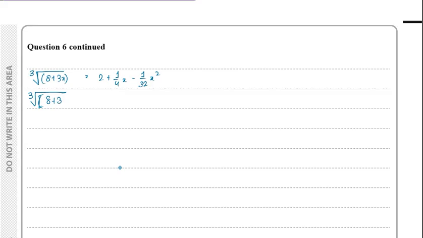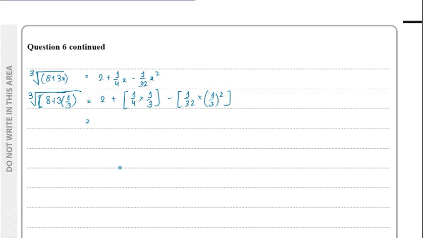So it would be 8 plus 3 multiplied by 1 by 3, as x is substituted by 1 by 3. And 2 plus 1 by 4 multiplied by 1 by 3 minus 1 by 32 multiplied by 1 by 3 whole square.